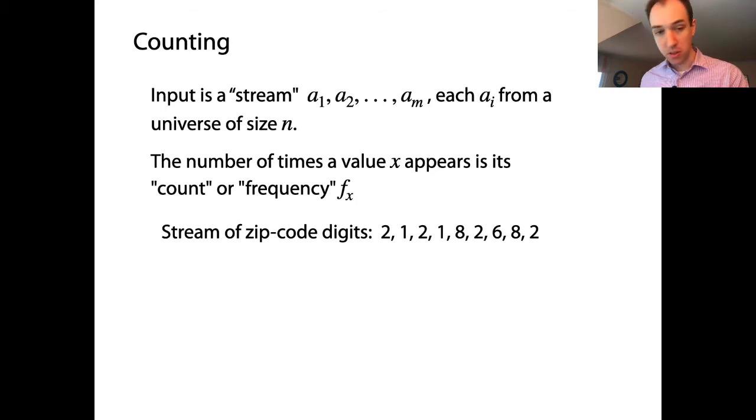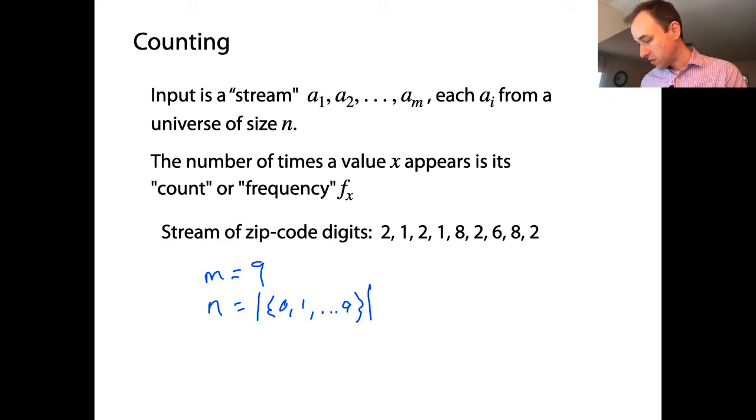So in this example, M, which is the number of items in the stream, equals 9. The universe size n, so we're saying for each of these digits, how large is the universe of values from which it could be taken. And in this example, because they're just digits, 0 through 9, we're really just talking about the size of that set, which is 10. So n equals 10.